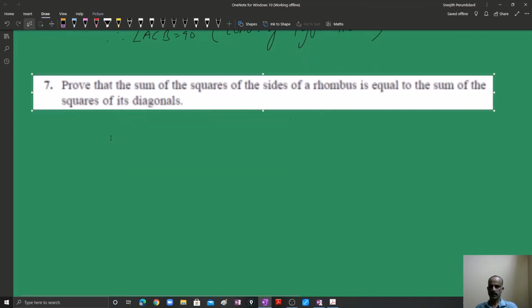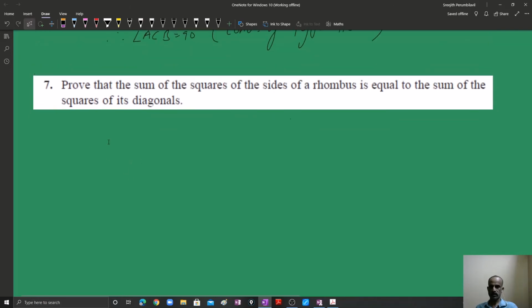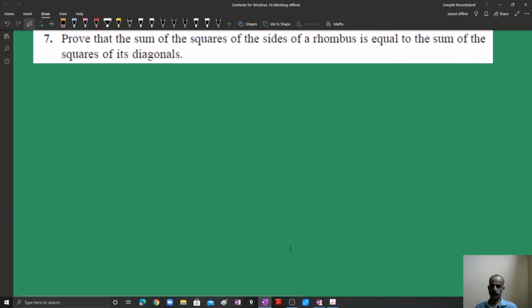Prove that the sum of the squares of the sides of a rhombus is equal to the sum of the squares of its diagonals.